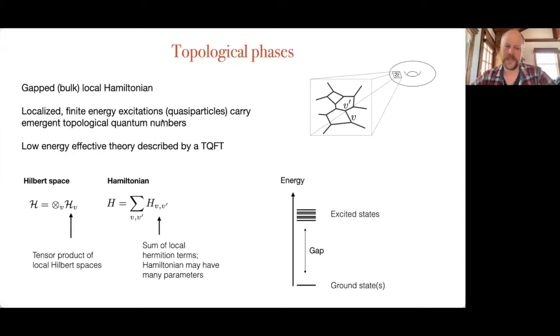So these will be superselection sectors, and I'll describe that a little more carefully later on. And those emergent topological quantum numbers get identified with the low energy effective theory describing this phase of matter. And that will be a topological quantum field theory, which today will be described by a unitary modular tensor category. I'll also explain what that is in a few slides.